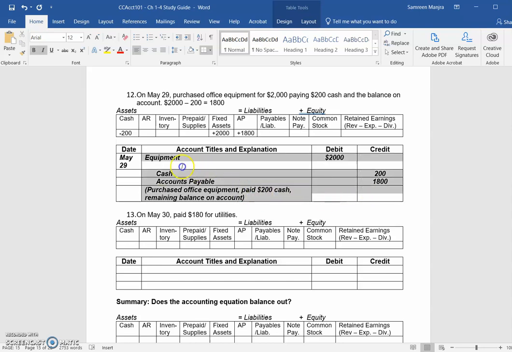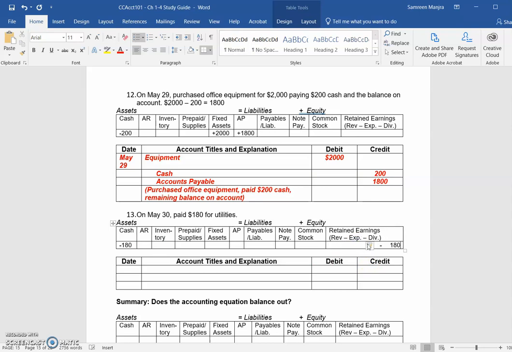Next, we're going to have our transaction on May 30th. We paid $180 for utilities. So anytime we see the word paid, that means there's a decrease in cash, which will be a credit when we record that journal entry. And the reason why we made that payment was for utilities expense. So minus $180 for our expense area.